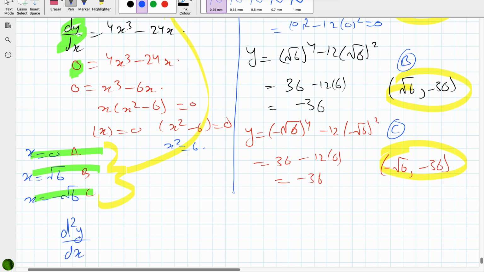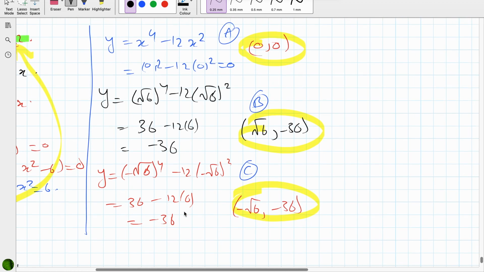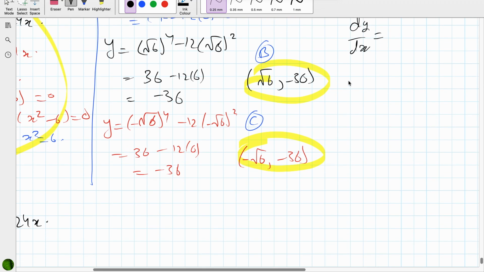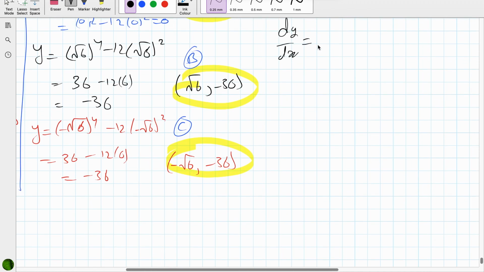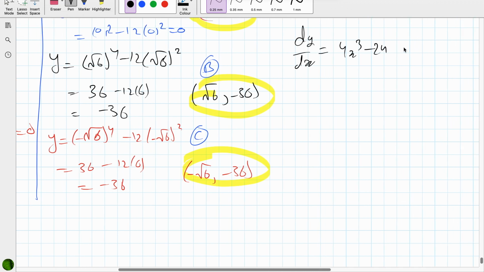So dy by dx, copying this, which is 4x cube minus 24x. So when we go for the double derivative, let me write it here. dy by dx is 4x cube minus 24x.